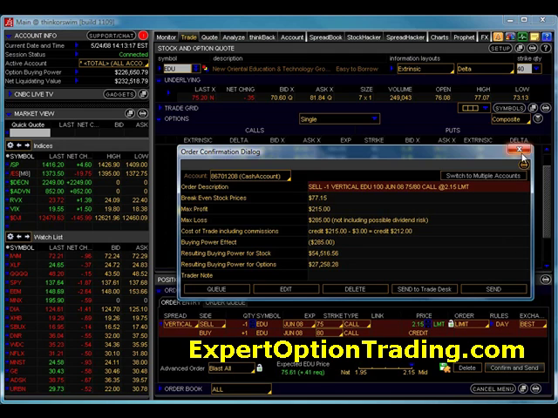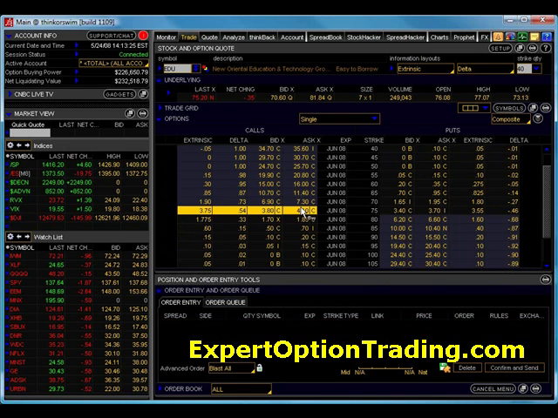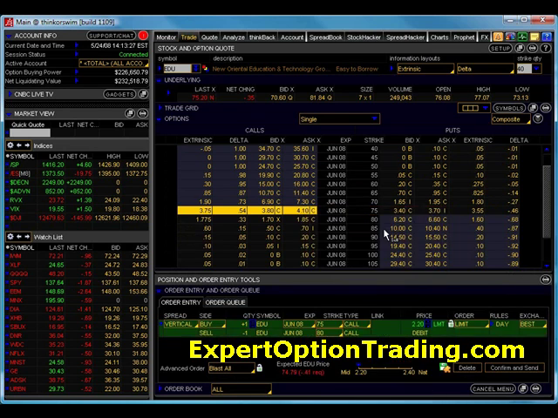What is the difference then? Why would you do this rather than just buying the vertical spread as we had in our previous discussion? Well, in this case, the stock has to move up in order for us to profit.